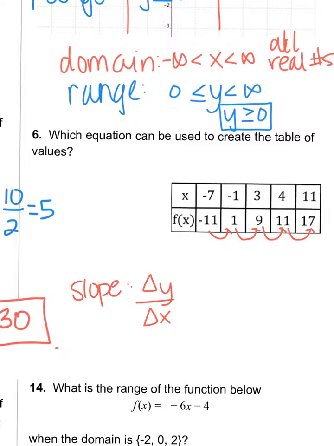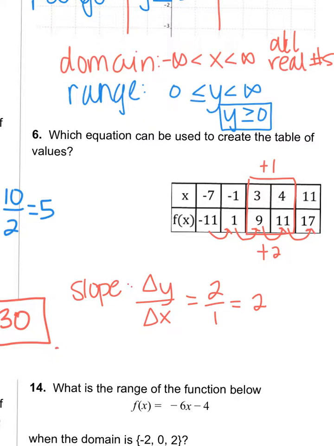You can choose any one that you want. So I will pick these points here because it's the least numbers to count. So 9 to 11 is plus 2, and 3 to 4 is plus 1. So change in y over change in x is 2.